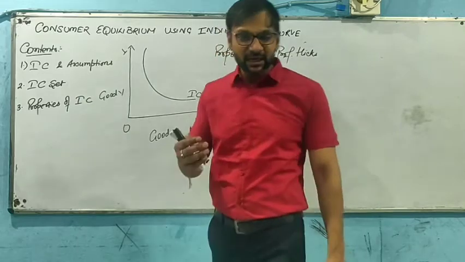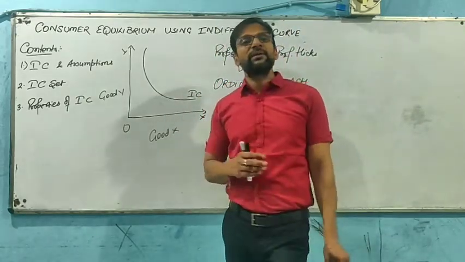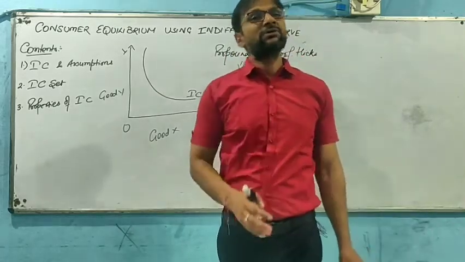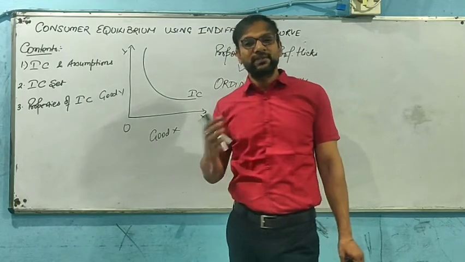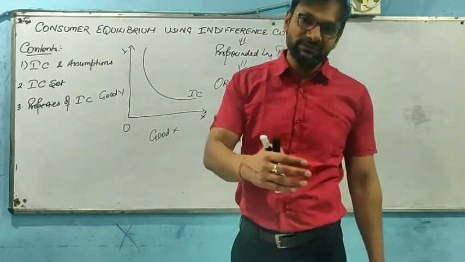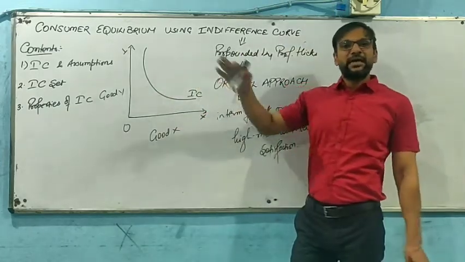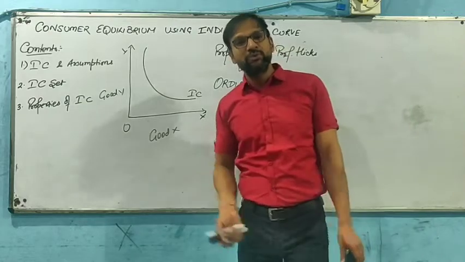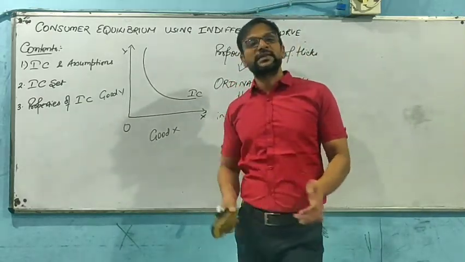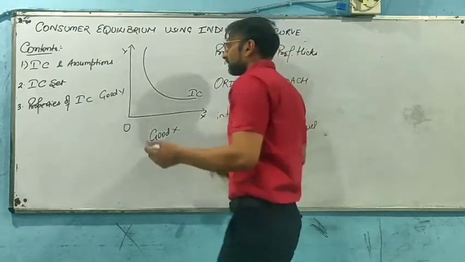Indifference curve is a diagrammatic representation of the two goods that are being consumed by a consumer, and both the goods are offering him the same level of satisfaction at different possible levels of consumption. Again I say, indifference curve is a diagrammatic representation of the two goods being consumed by a consumer, and both goods are offering the same level of satisfaction at different points of consumption.